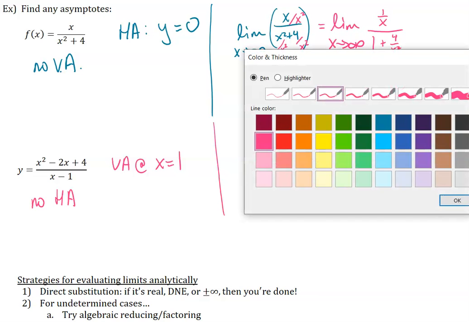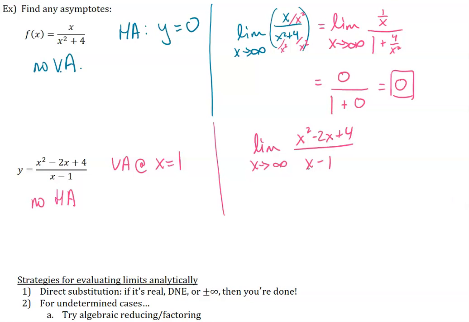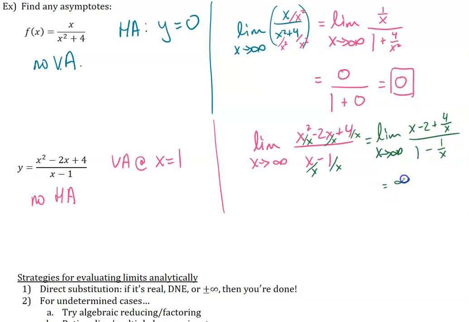Here, if we divide everything by x to the first, which is the degree from the denominator, we get the limit as x approaches infinity of x minus 2 plus 4 over x, all over 1 minus 1 over x. When I plug in infinity, I have infinity minus 2 plus 0, which is still infinity, divided by 1 minus 0, and infinity divided by 1 is infinity.